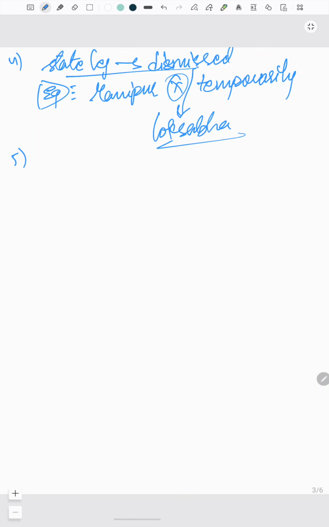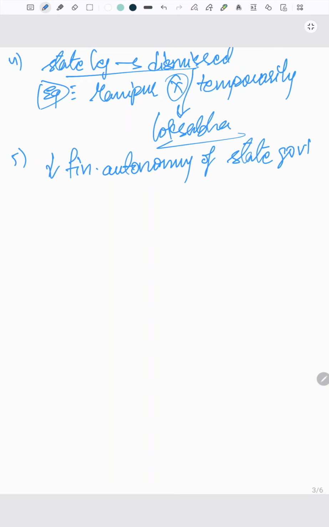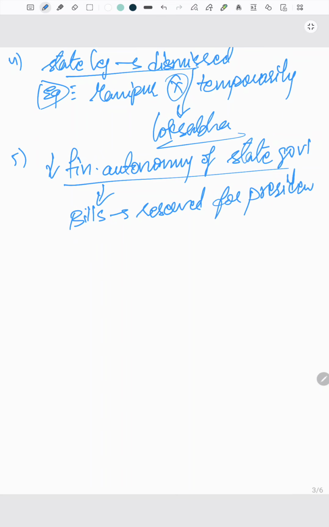If you observe, it reduces the financial autonomy of state governments. How will it reduce the autonomy? Because state bills will no longer be signed by the governor. They should be reserved for the president, right? So in this way the autonomy will be reduced for state governments.